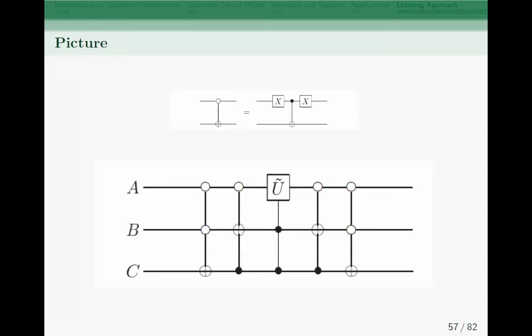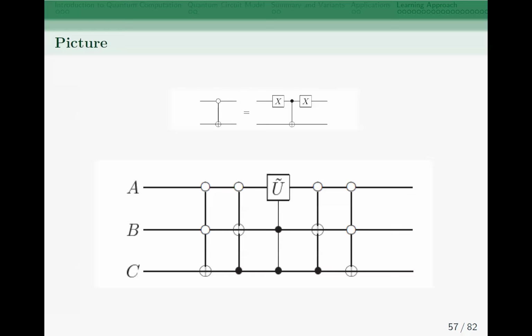Okay, so now the rest is simple. Let's say the initial state is 0, 0, 0. What I'm saying is that if U tilde applies, then the initial state must be 0, 0, 0 or 1, 1, 1.